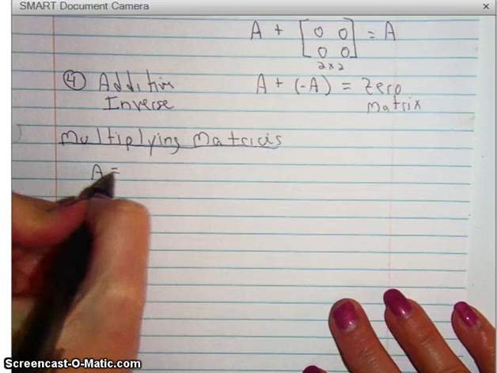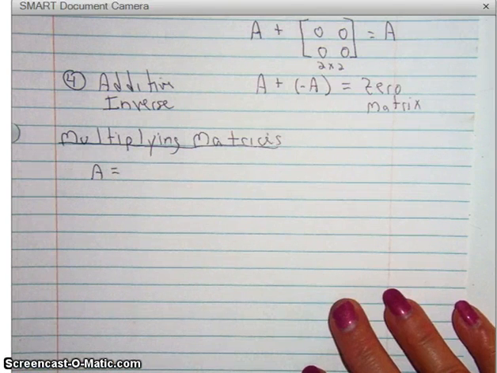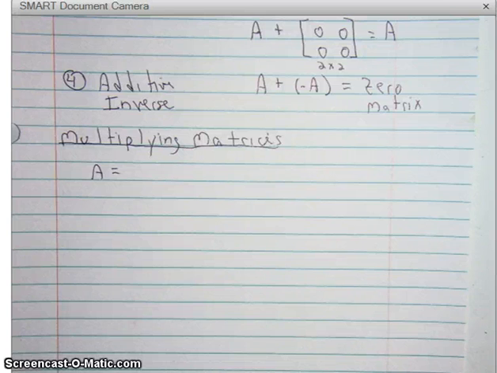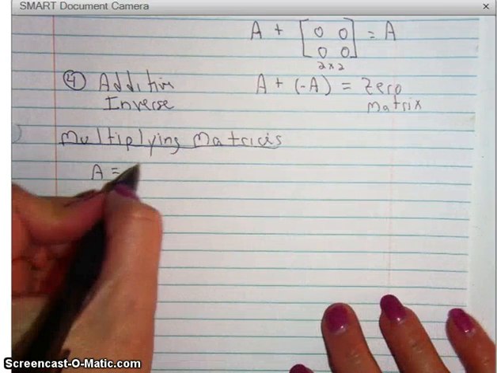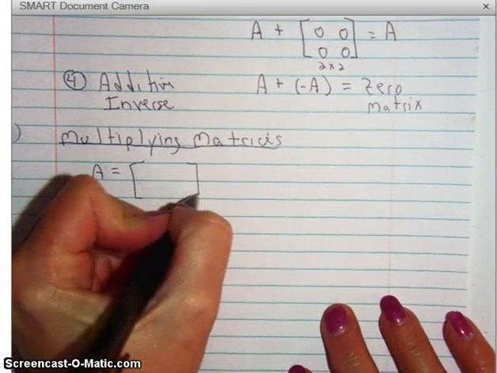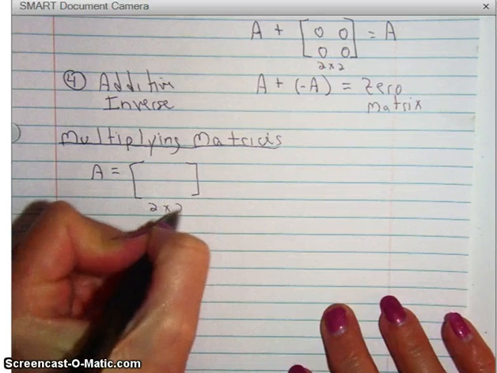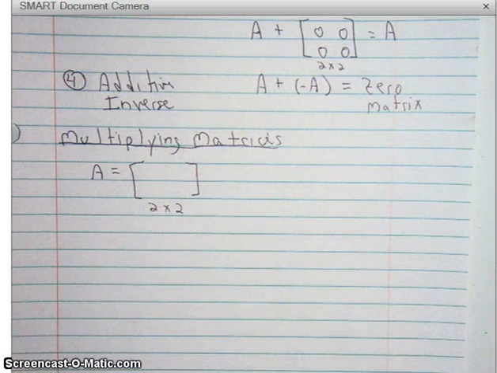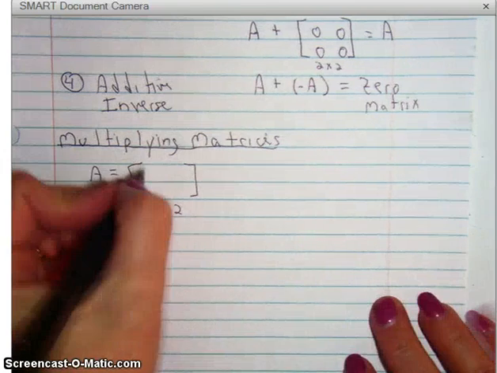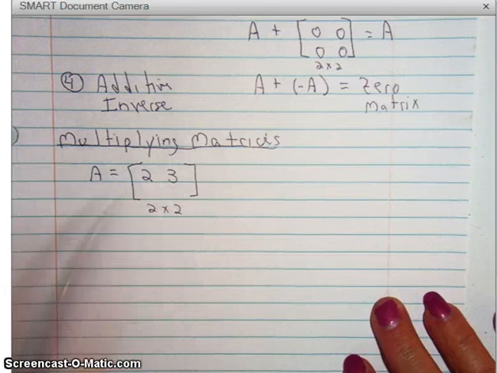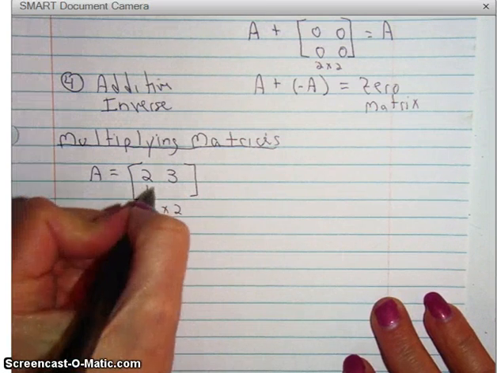Matrix A is going to be a 2 by 2. The elements are 2, 3, 4, 7.